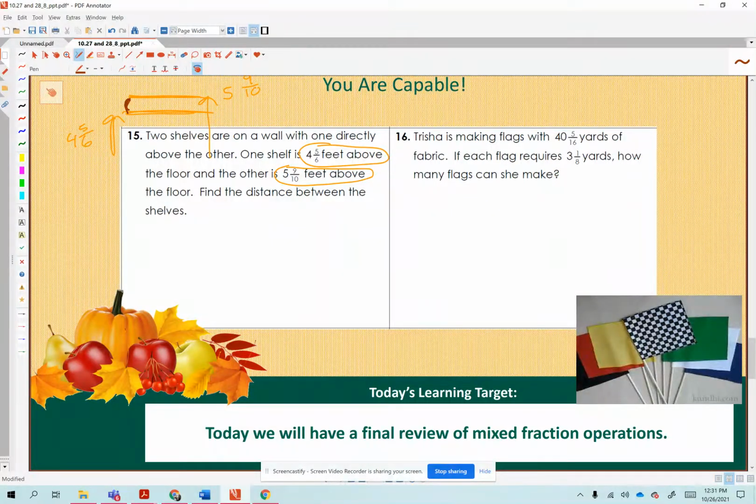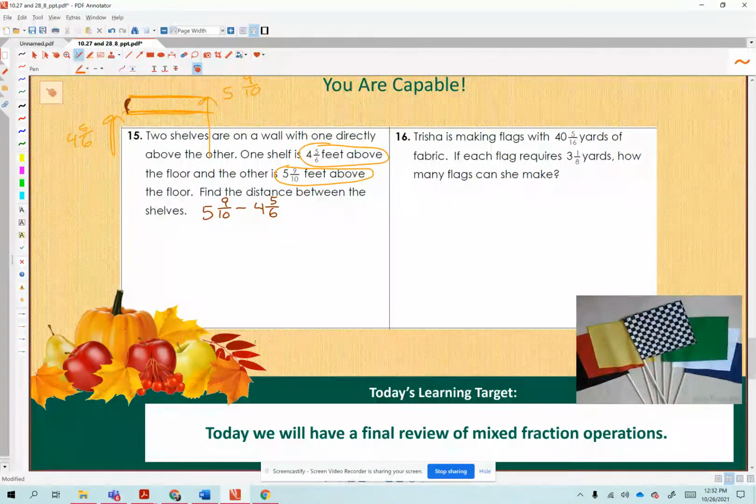So this is a subtraction problem. We will start out with the taller shelf, 5 9/10. And from that, we will subtract the shorter shelf, 4 5/6. The first thing we need to do is convert to improper fractions, and then we will find a common denominator.